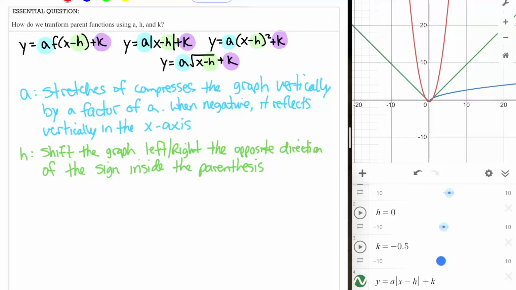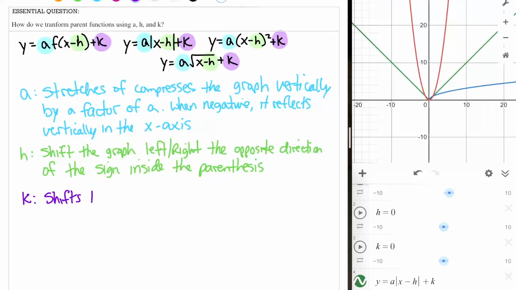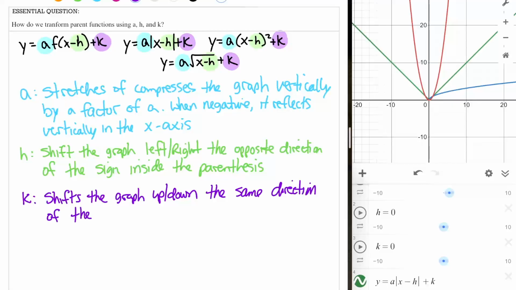So k will shift that graph up and down the same direction as the sign, whether you're adding or subtracting.